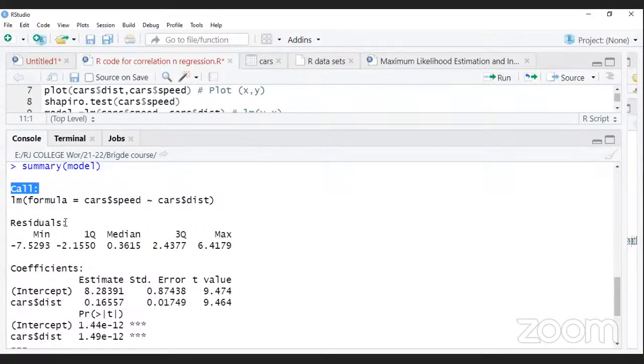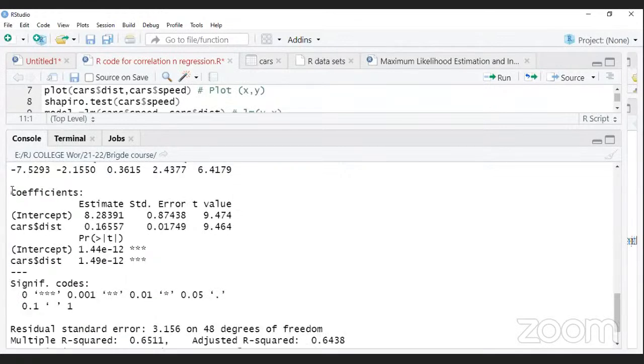Then we have residuals, which means your error, with a minimum value and a maximum value. The very important part is the coefficients. Here we have your beta naught, which is the estimate.